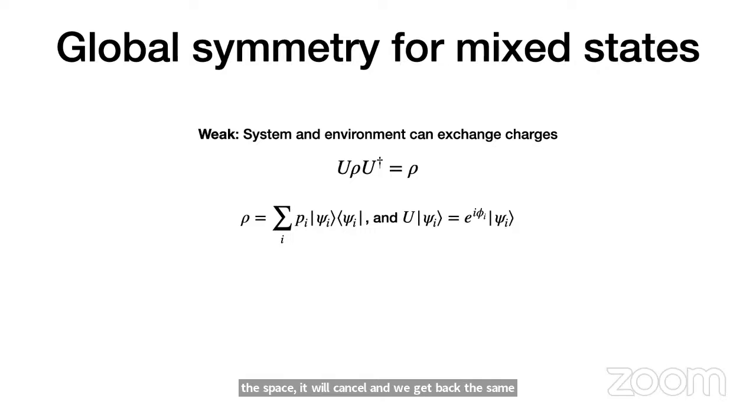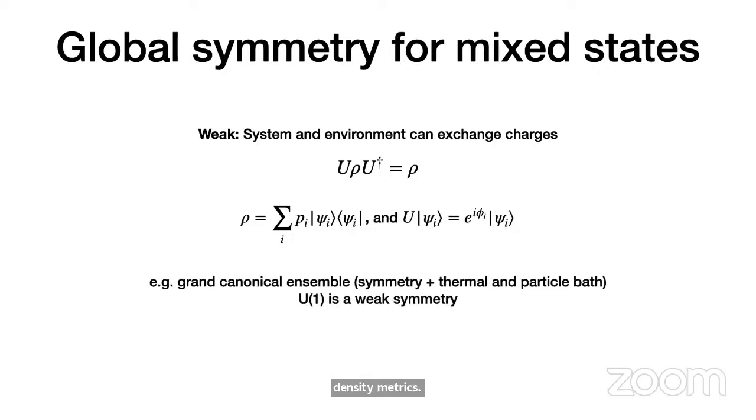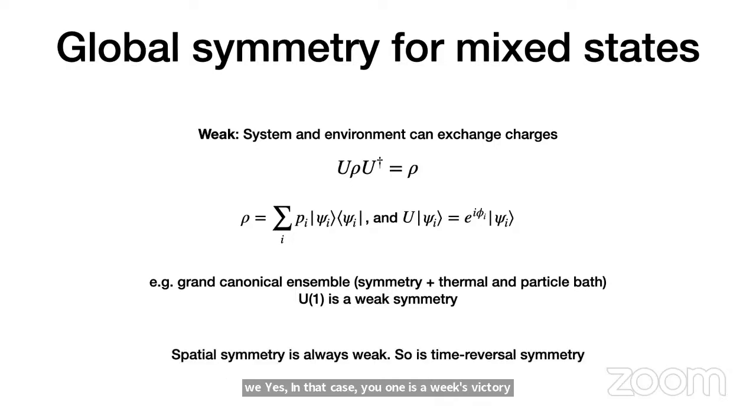Again, we have a familiar example from stat mech. This is just the grand canonical ensemble, right? This is the system plus thermal and particle baths, which is how we get the grand canonical ensemble. In that case, U1 is a weak symmetry. The particle number conservation is a weak symmetry. So there are some symmetries which are always weak.